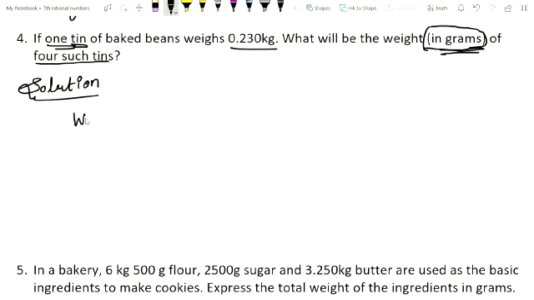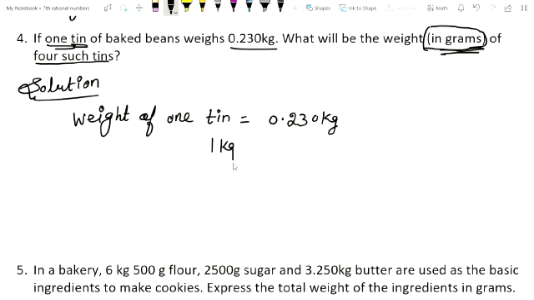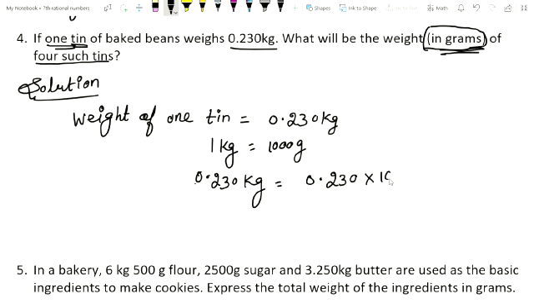So weight of 1 tin equal to 0.230 kilogram. First you convert into gram. You know very well 1 kilogram equal to 1000 gram. So 0.230 kilogram equal to 0.230 into 1000 gram.